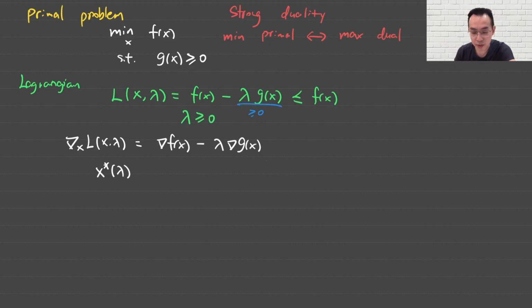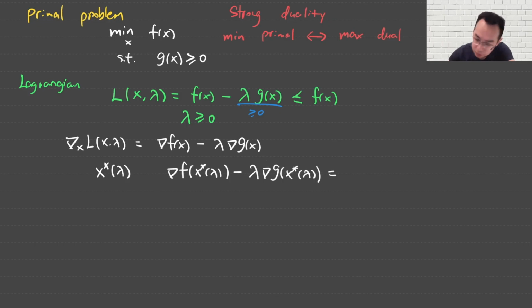How to interpret this is that we can consider lambda as a fixed parameter. For a given lambda, we can have an optimal x star for it. That's why x star is a function of lambda that satisfies the gradient of f at x star of lambda minus lambda times the gradient of g at x star of lambda equals 0.